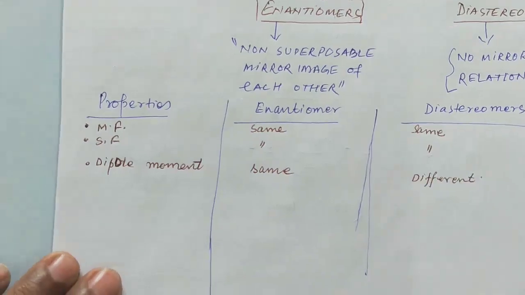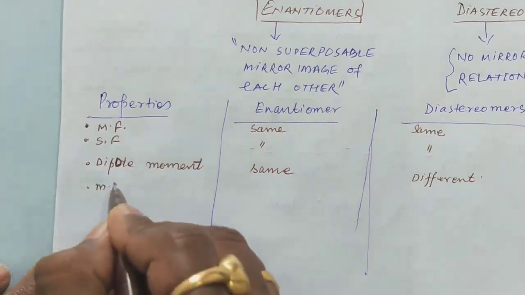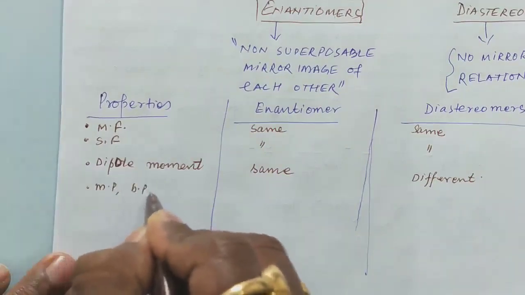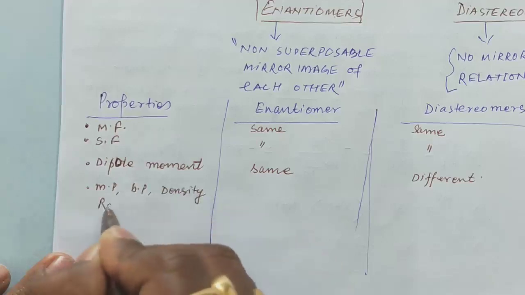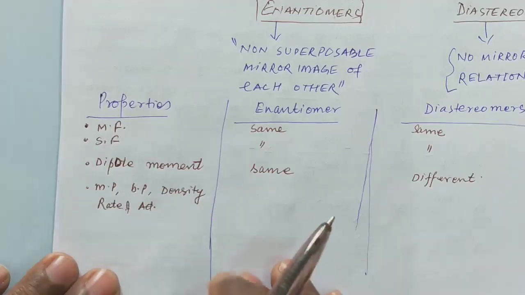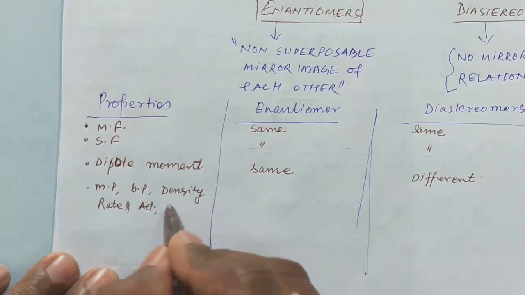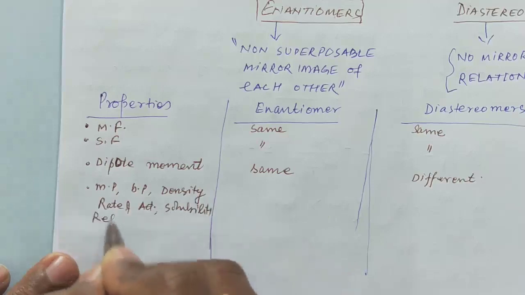Right? Melting point, boiling point, density, rate of absorption, refractive index, solubility.